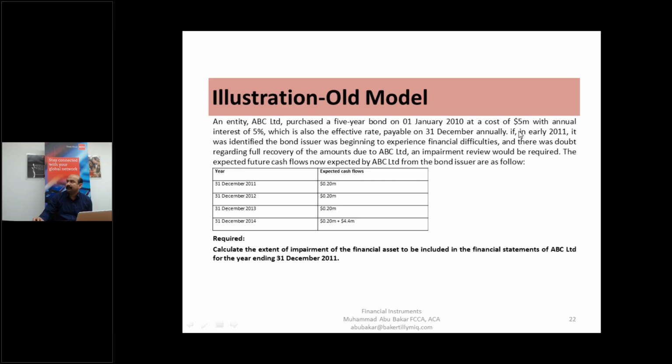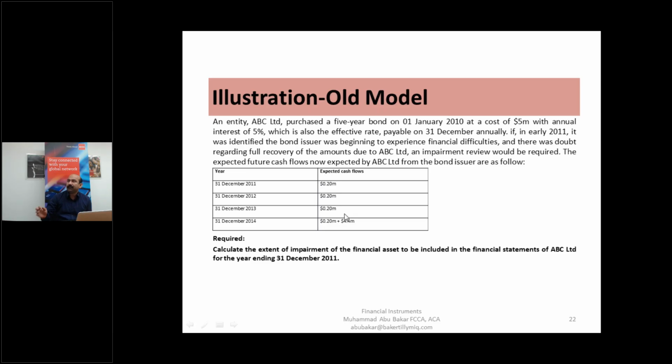See here, these are the expected cash flows at a date subsequent to when we felt there were indications of impairment. So we estimated the cash flows attached to this instrument.